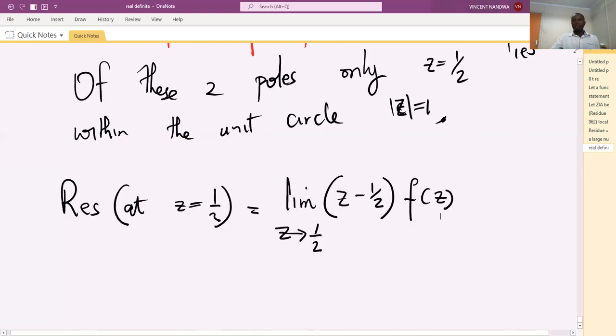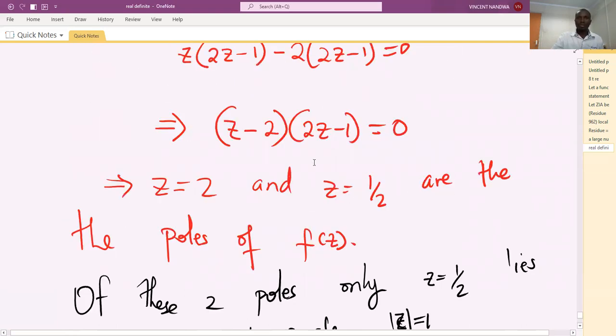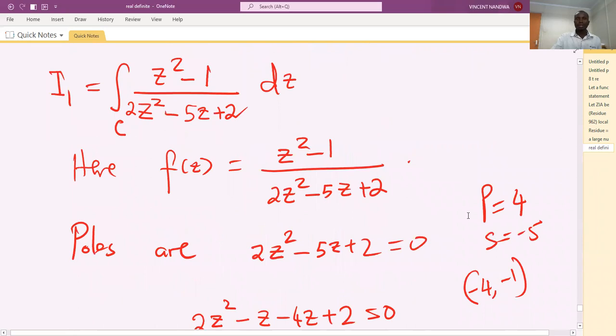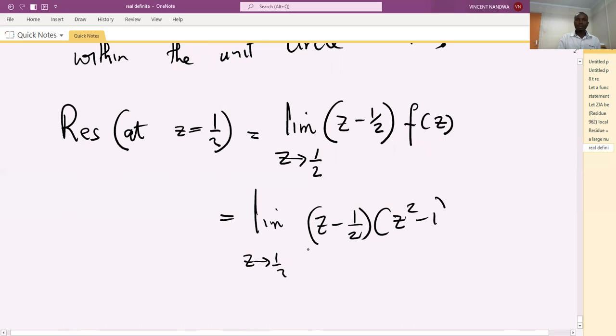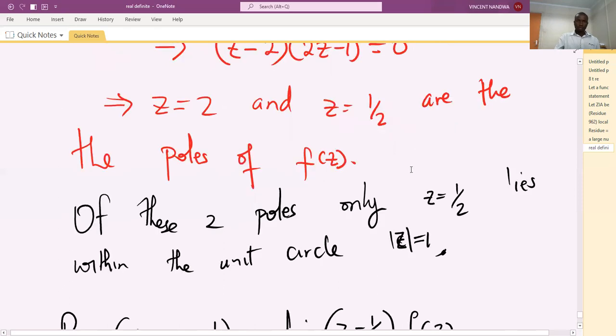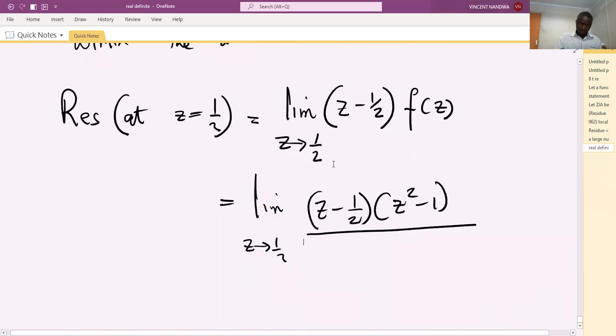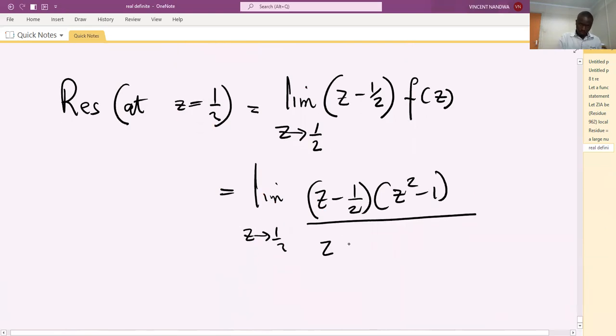So remember, this is our function f of z, z squared minus 1 divided by z minus 2 times 2z minus 1.